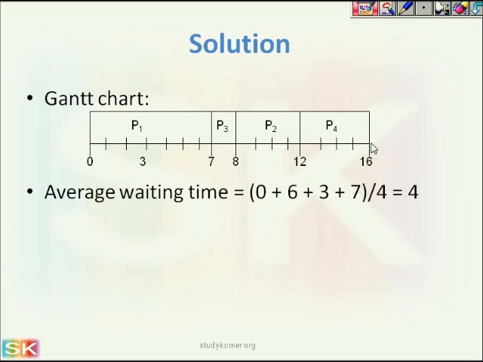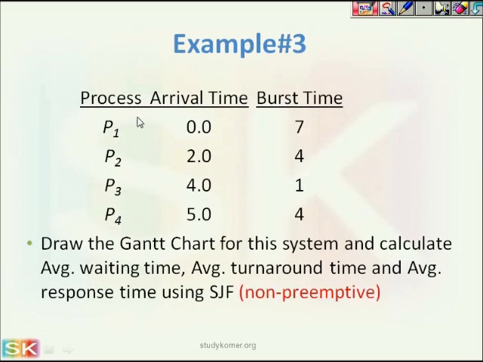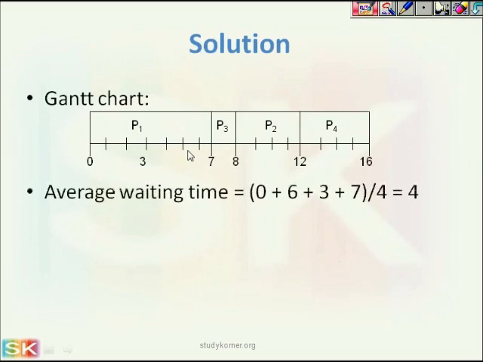So average waiting time is equal to the waiting time of process P1, that is 0, it arrived at 0 and got the CPU at time 0, plus the waiting time of P2. P2 arrived at 2 seconds and it got the CPU at 8 seconds.